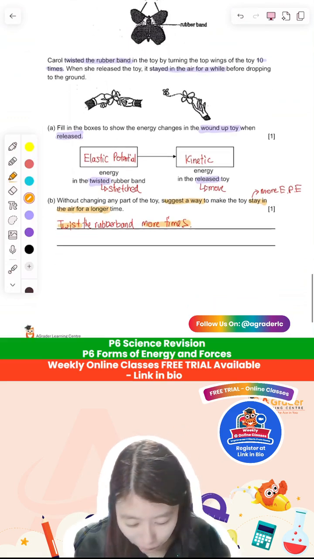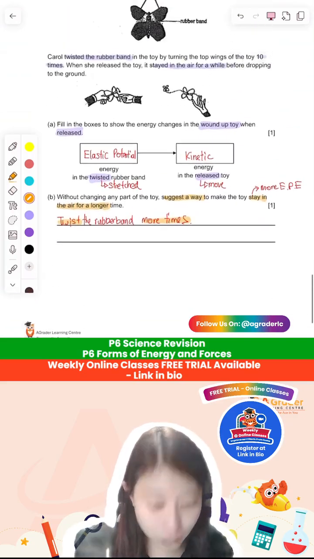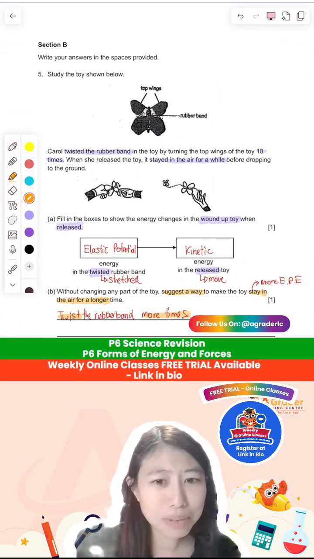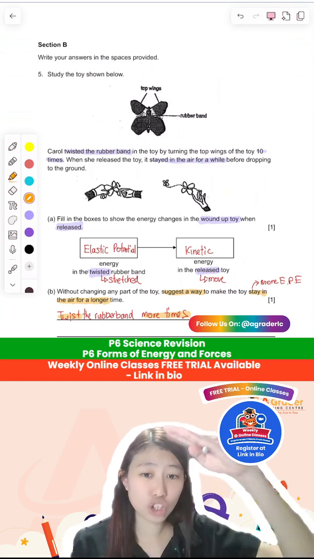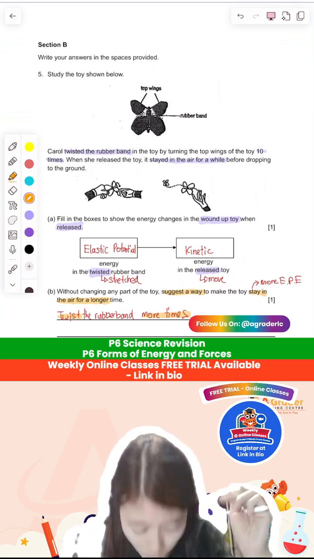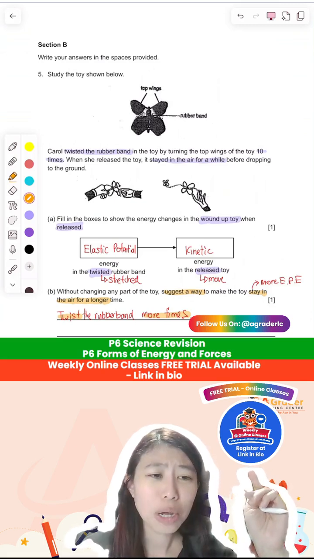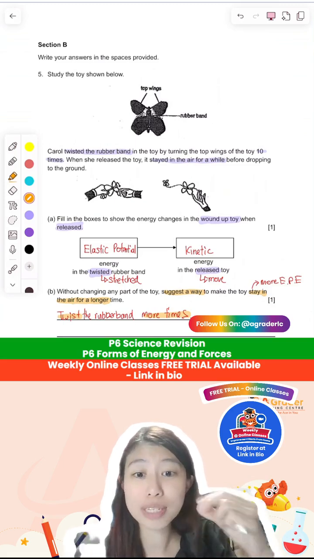I'm going to move on to C. Let it go at a higher height. That's not wrong, but I want it to stay in the air longer. So we usually change the bend. We usually twist it more.